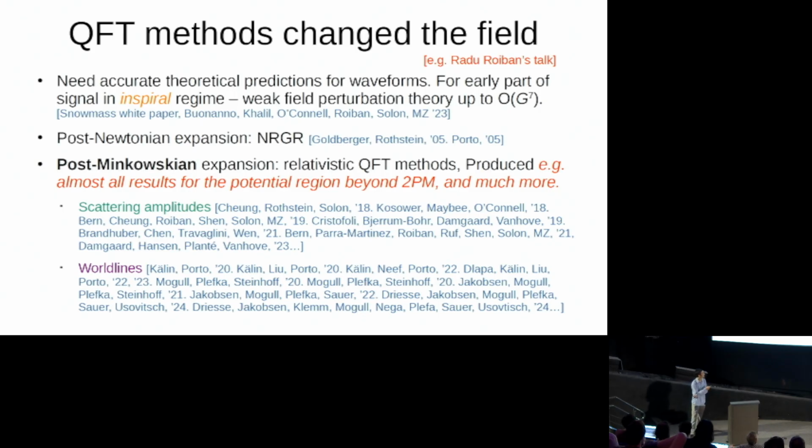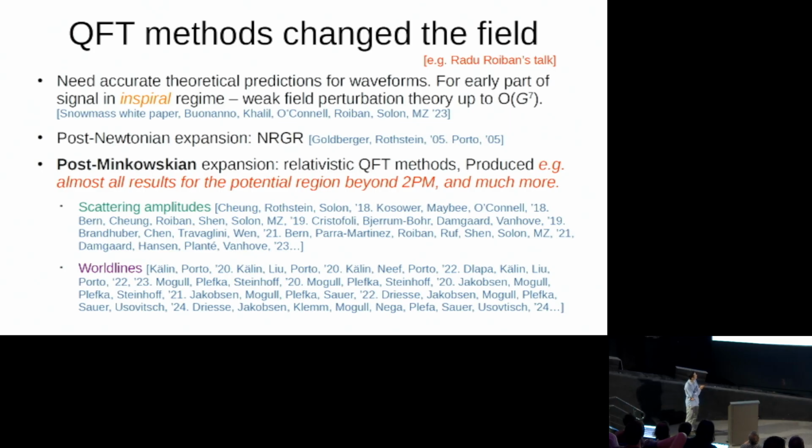It's not the first time that QFT methods have entered the field. Much earlier in this century, around 2005, NRGR, an effective field theory motivated by HQET and NRQCD, was formulated to target the post-Newtonian expansion.